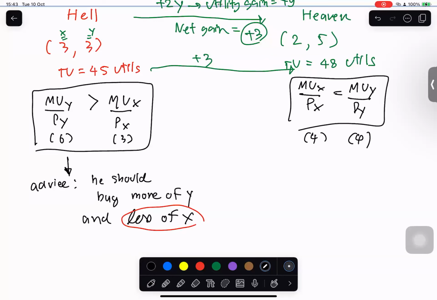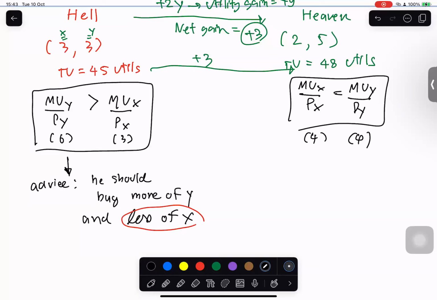You have 2 baht left, and MU over P is already equal. The question is how to spend these 2 baht left, on X or on Y. Actually, I have to look at the numbers.